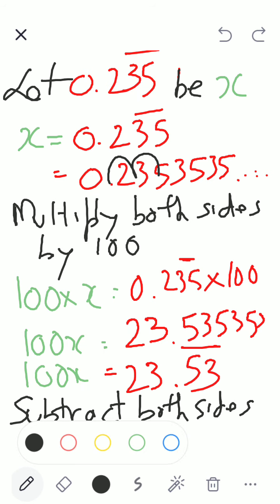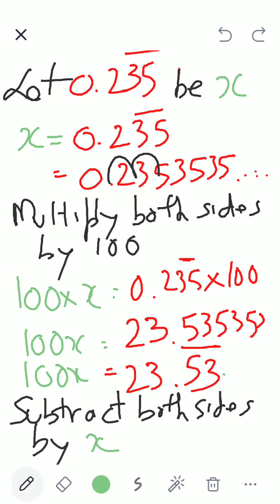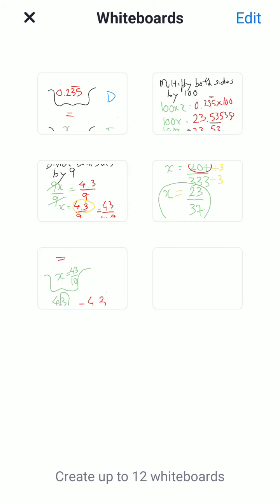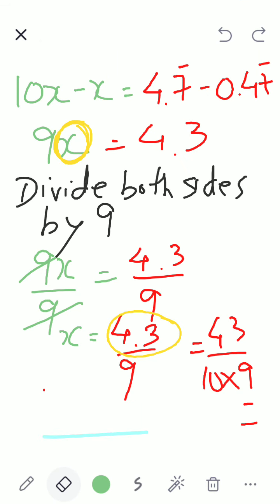Children, do you all have a class today? Okay, give me 2 minutes. This technique is the same, children. So I will go ahead and subtract.